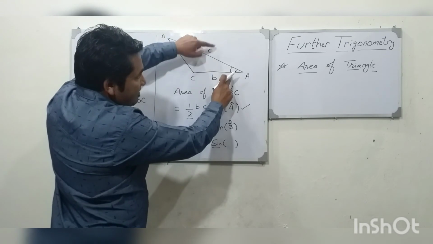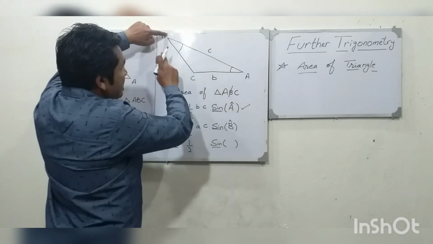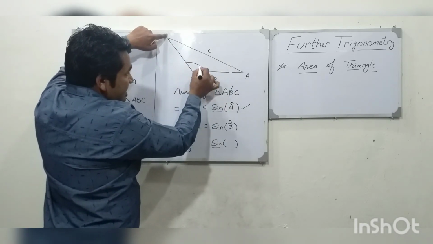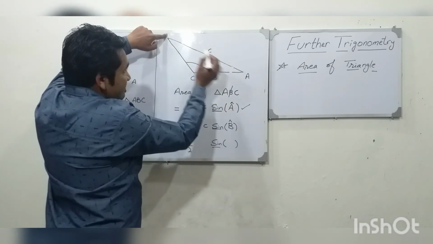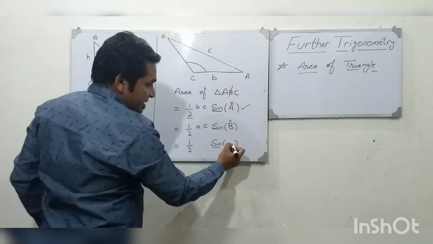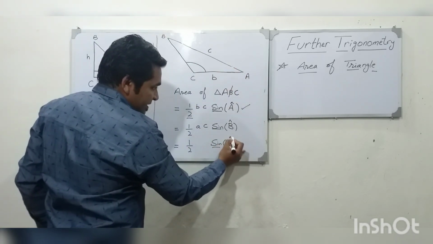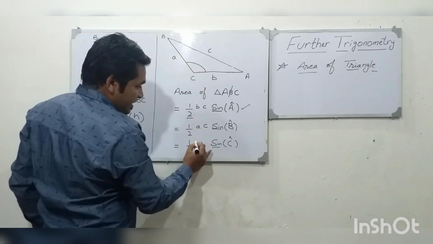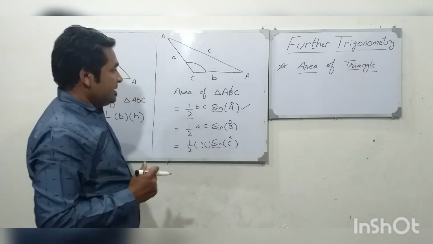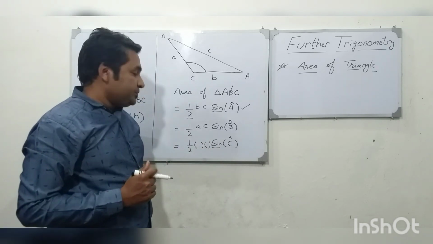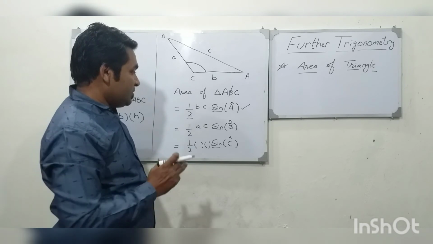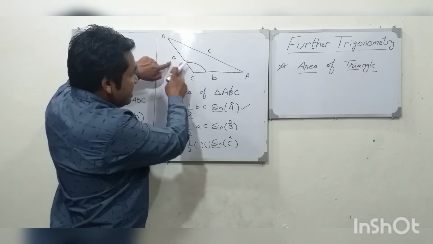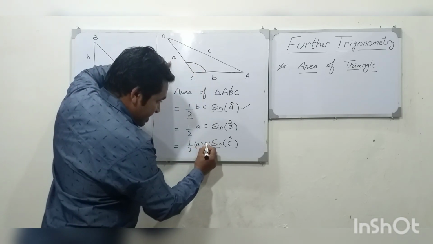If you are using A, adjacent sides; if you are using B, adjacent sides; or if this angle is given, for example angle C is given, so you will write here angle C, vertex C, and now I wish you to fill these brackets. So quickly fill, and I'm sure that you have filled them accurately. C was given, it means its adjacent sides are a and b. So we will write here a and b.